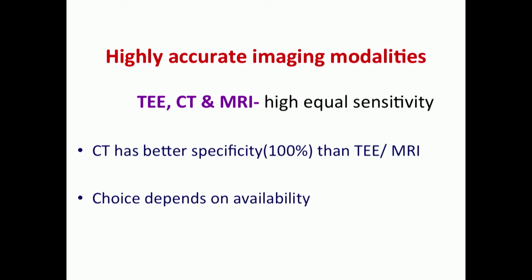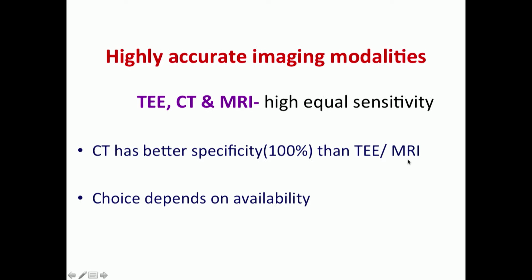So we go for the second line of imaging modalities, which are transesophageal echo, cardiac CT, and cardiac MRI. The recent meta-analysis has shown that all these three imaging modalities have high, equal sensitivity. However, CT has a better specificity than transesophageal echo and cardiac MRI.